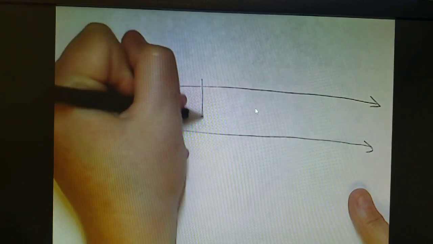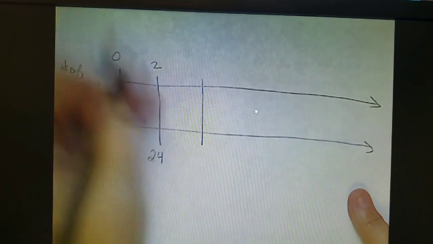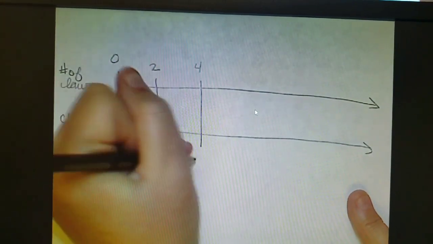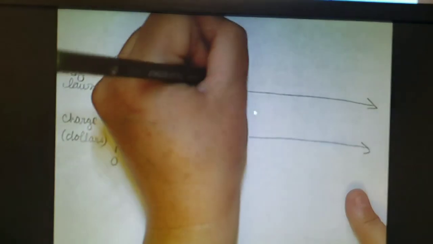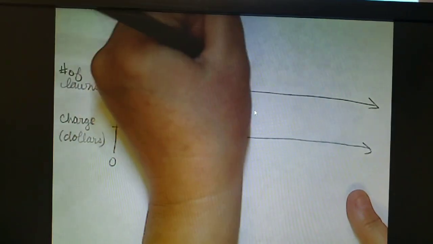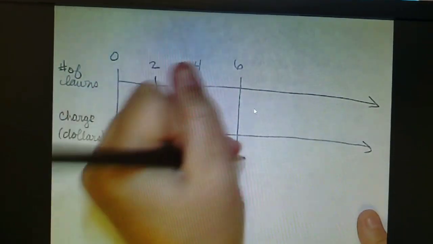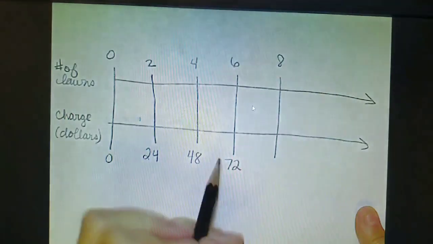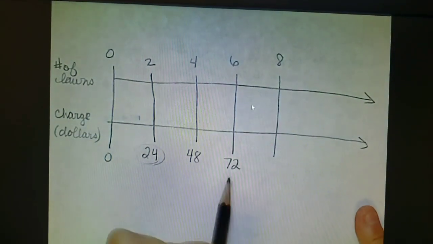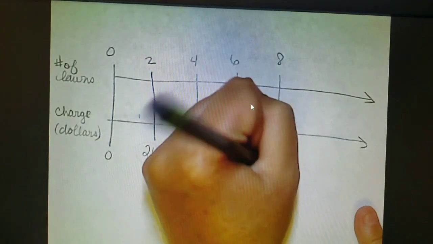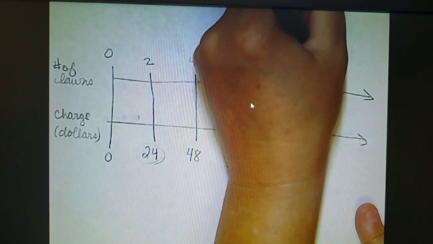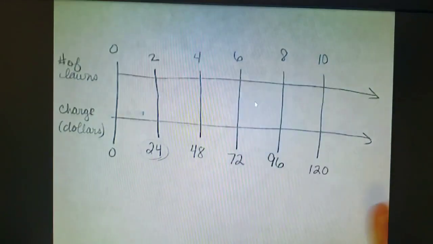And then our next line, we're going by 2, so we're going to increase by 2, which would be 4. We increase by 24, which is 48. Increase by 2, so 6 and 72. 8. We're increasing by 24, remember? So we're going to increase to 96. And then we have 10 and 120.